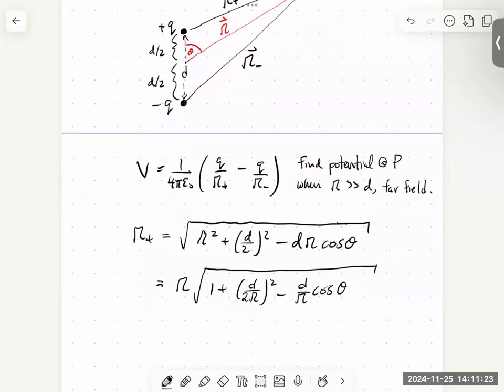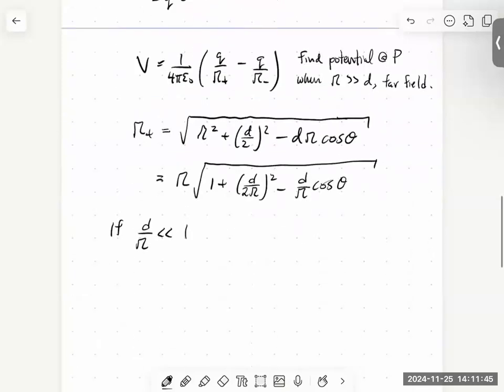Okay, and now we will make an approximation. If d over r is much less than 1, we can ignore the d over r squared term compared to the d over r to the first power term. What I'm really going to care about is the inverse of all of this.